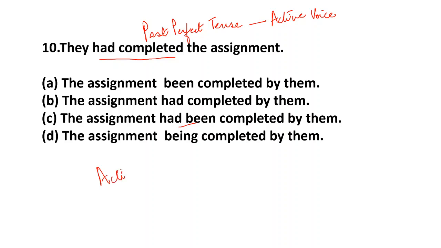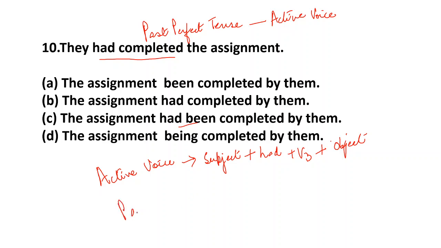In the active voice, the past perfect tense will be having subject, that is they is the subject, plus had plus V3 plus the object. Very simple, isn't it? The subject, they had completed the assignment.